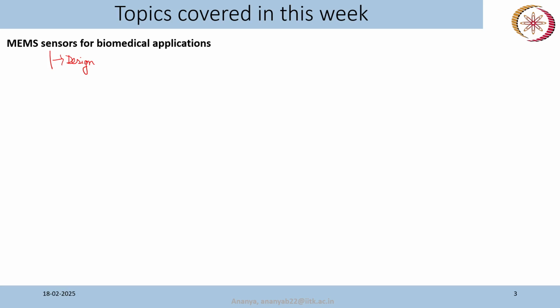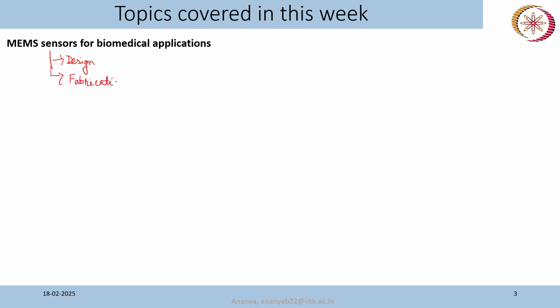It should show good selectivity, sensitivity, and all other parameters we use to characterize a sensor. Ideally we want everything to be very good, but there will be some compromises, some trade-offs between different sensor characteristics. So it has two different components. The first part is the design, and the second part is fabrication.